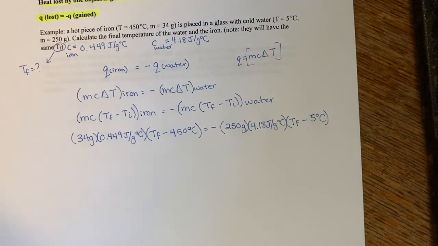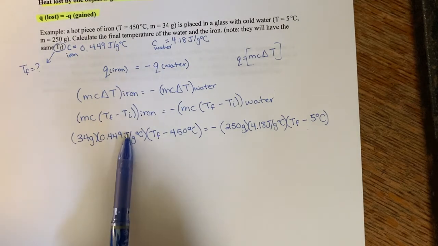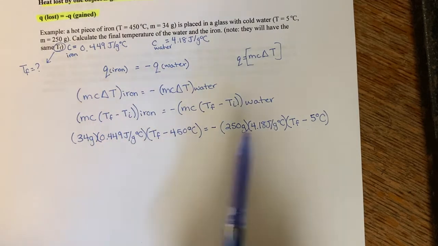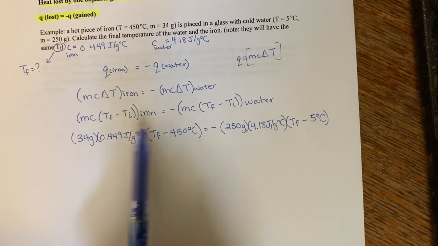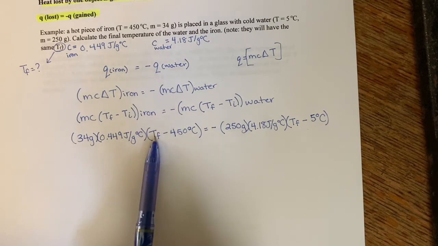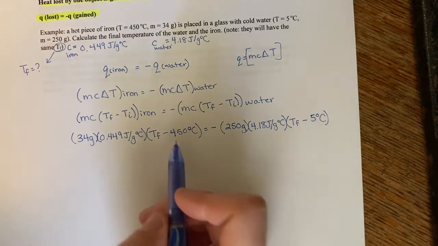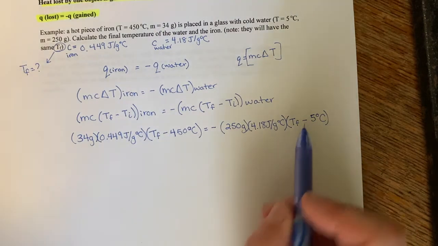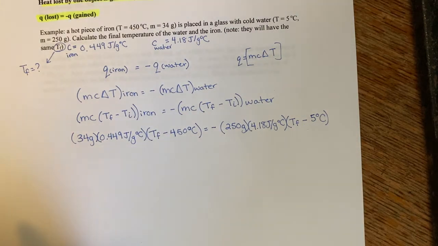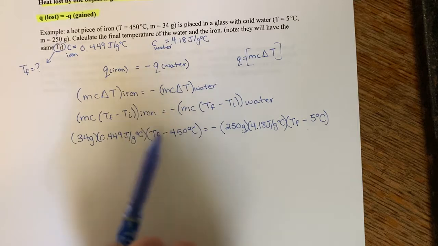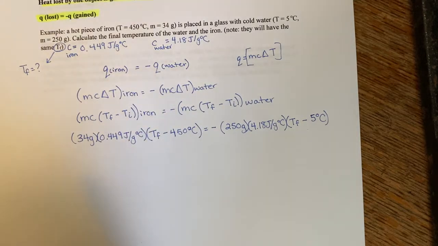So now we can multiply our masses and our specific heat capacities together for both sides, and then we're going to have to multiply that into our final and initial temperatures, because this subtraction means that we can't just start multiplying everything together. We are going to have to multiply into both pieces and then solve for the final temperature.